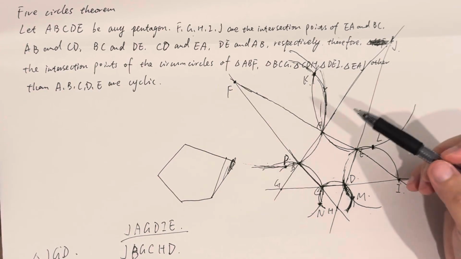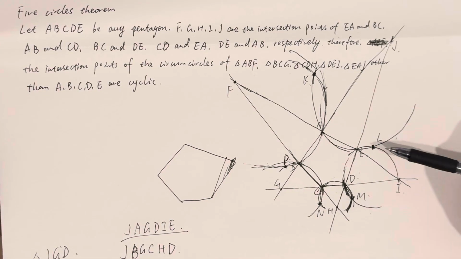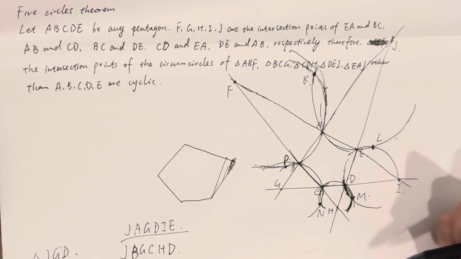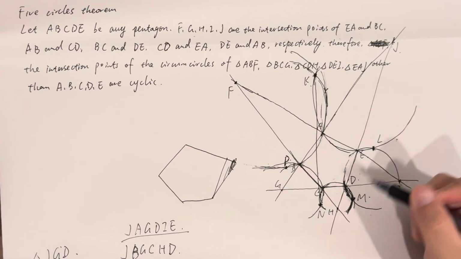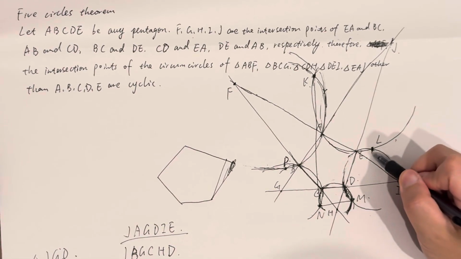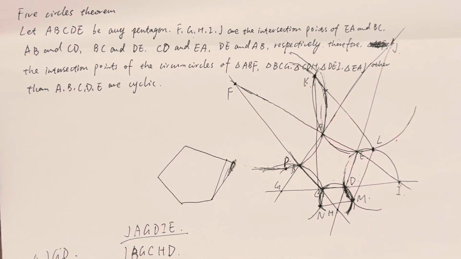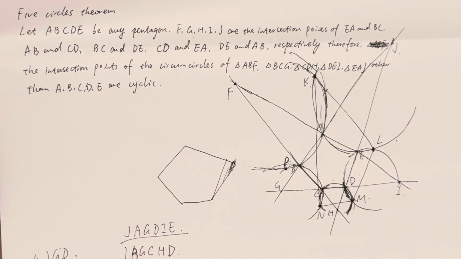So if we can prove any 4 points of K, P, N, and L are cyclic, then we prove that 5 points are cyclic, right? So let's think about how we can prove that K, N, and L are cyclic. We connect them here.